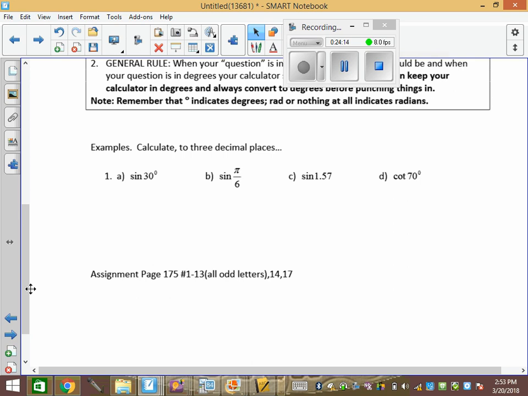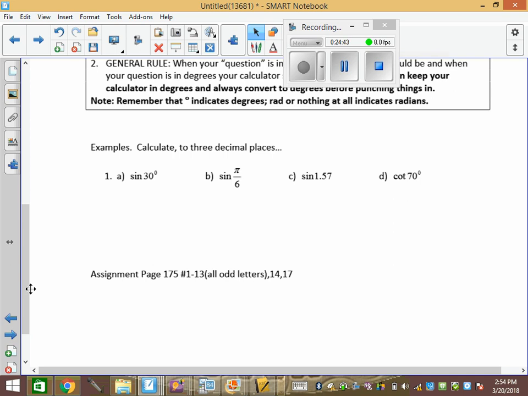It's 0.5. Now go to your unit circle at 30. Now look at the point on your unit circle. Which part of the 30-degree point? The y value, right?